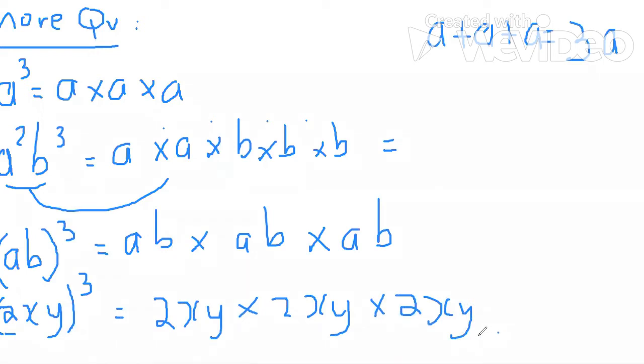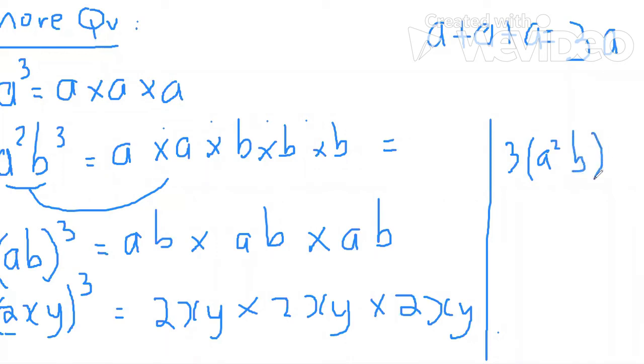One more thing. Let's see if you guys are catching on. Suppose I have a number out there, like this, and I have 3 bracket A squared B squared. What do you think that is? Maybe if you write the 3, then I write the A 2 times, then the B 2 times.